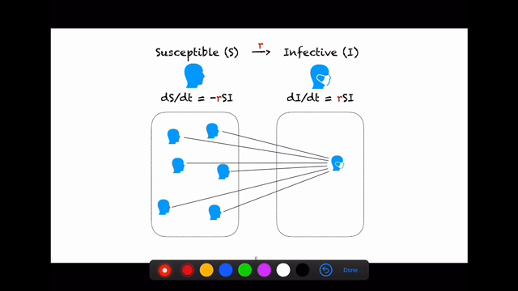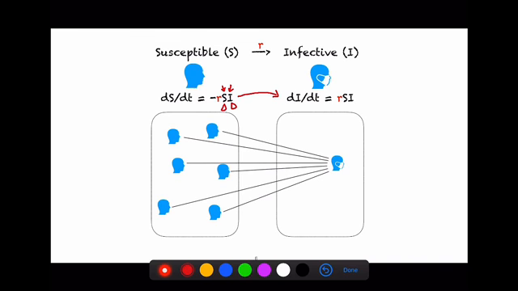We suppose that when S and I meet, and that's the condition for the susceptible to transform into the infective, S is once again the ratio of susceptible over all population, and I is the ratio of infective over all population.